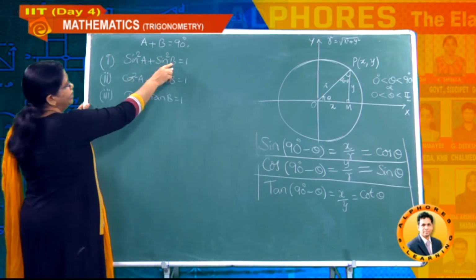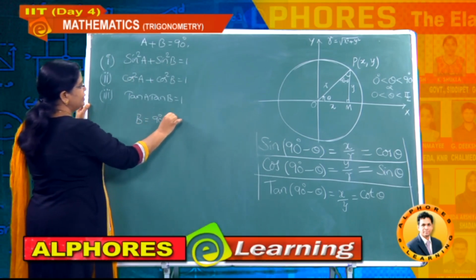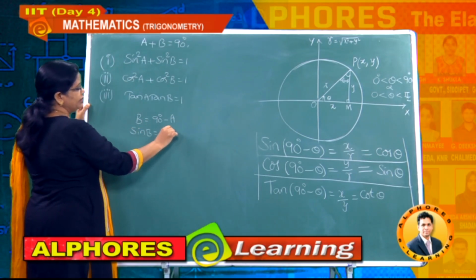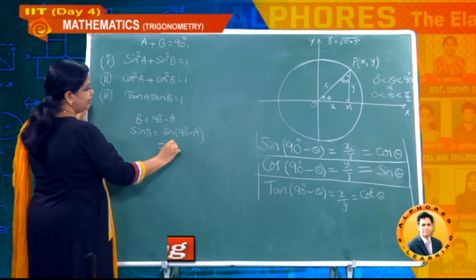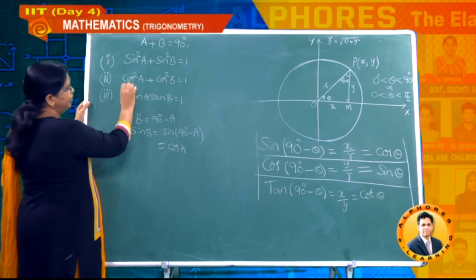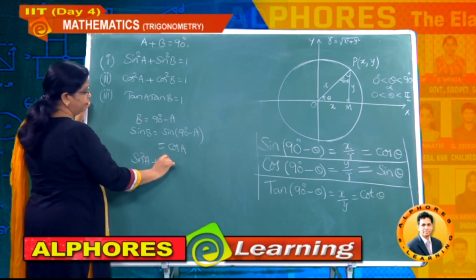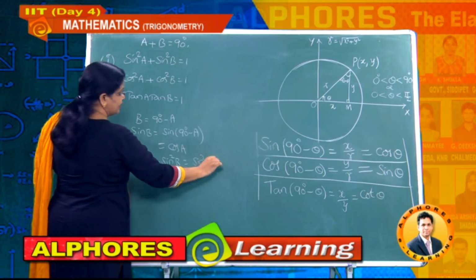Now how you got this value? If I take b equal to 90 minus a, then sin b equal to sin 90 minus a, and hence this value is nothing but how much? Cos a. So sin b equal to cos a. Therefore if I take sin square a plus sin square b, now this is nothing but sin square a plus cos square a.